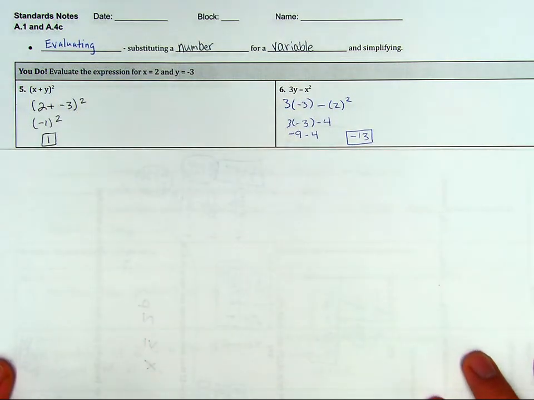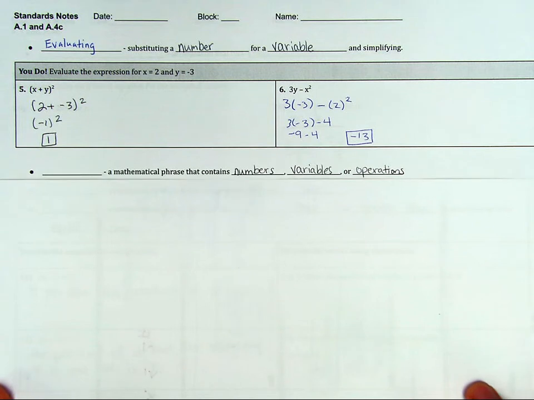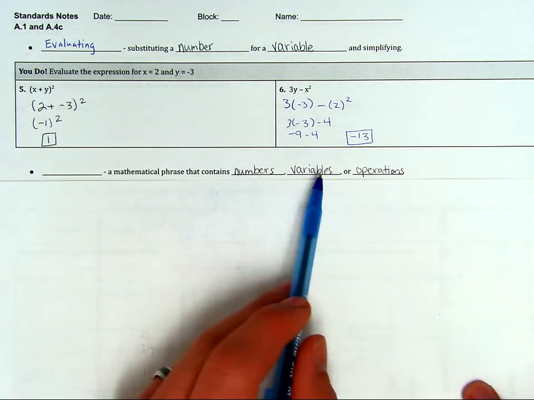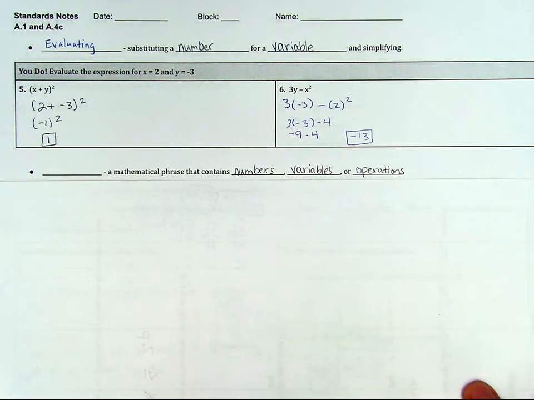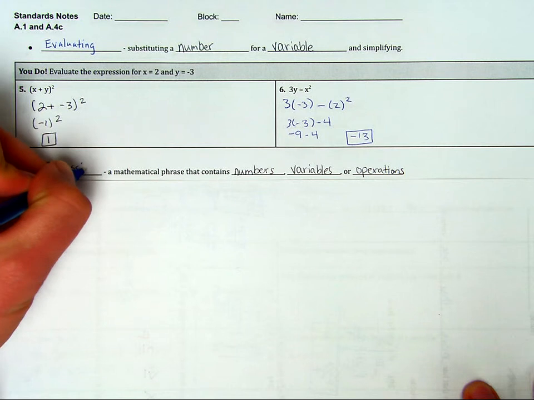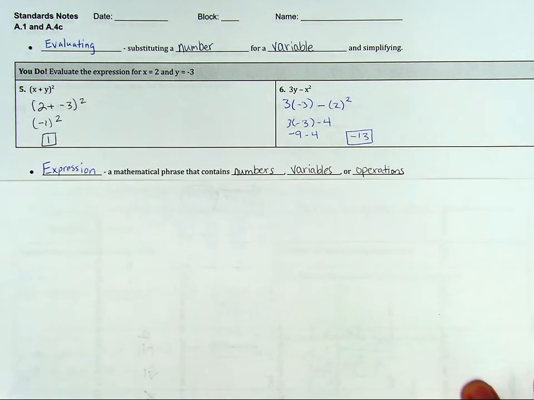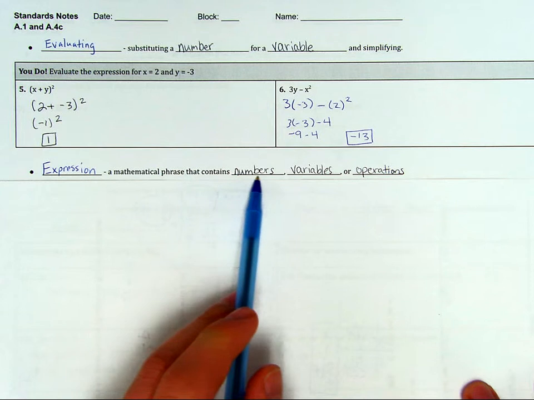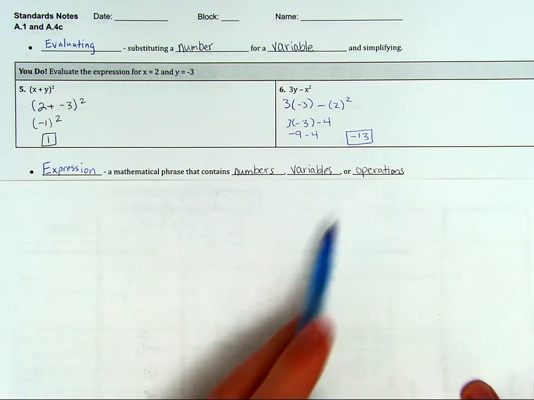Okay? We have 3 more vocabulary words. A mathematical phrase that contains numbers, variables, or operations is called an expression. So an expression is a mathematical phrase that contains numbers, variables, or operations.